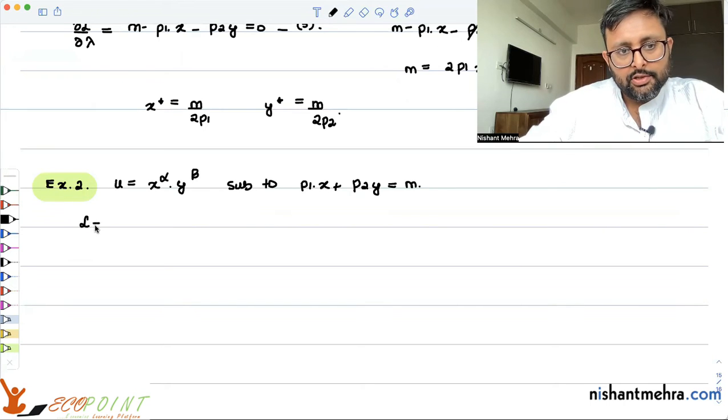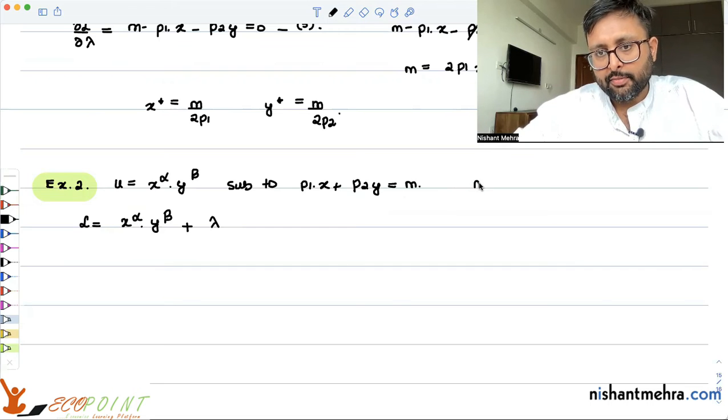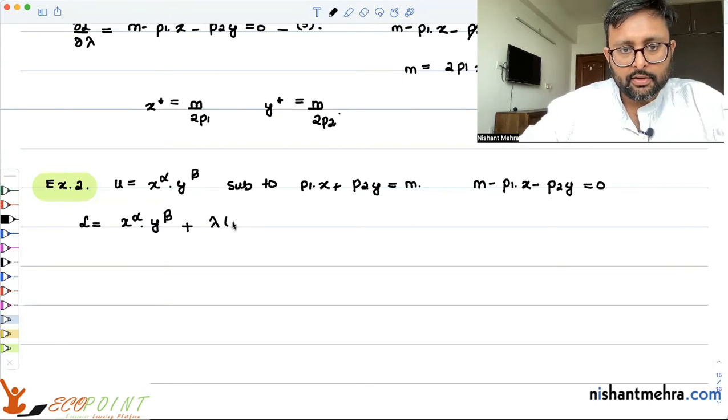I'll set up the Lagrange. I'll write my objective function. I'll write my constraint. So I've written my constraint like this, na beta.